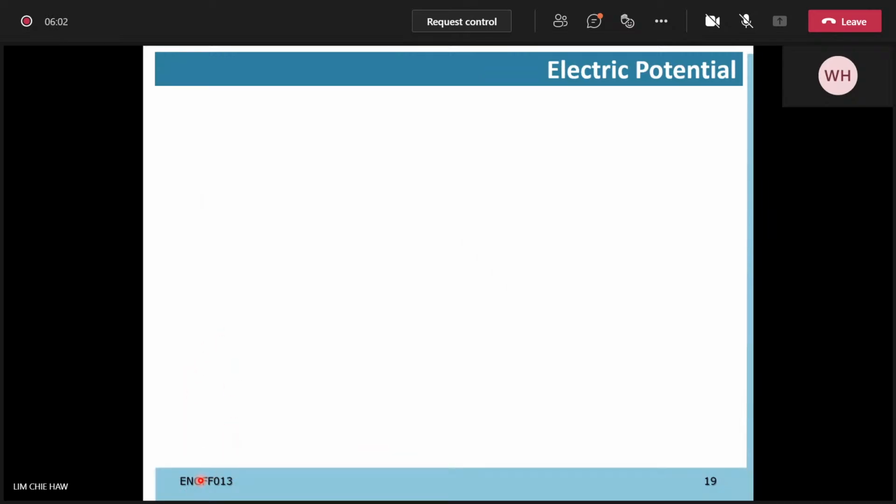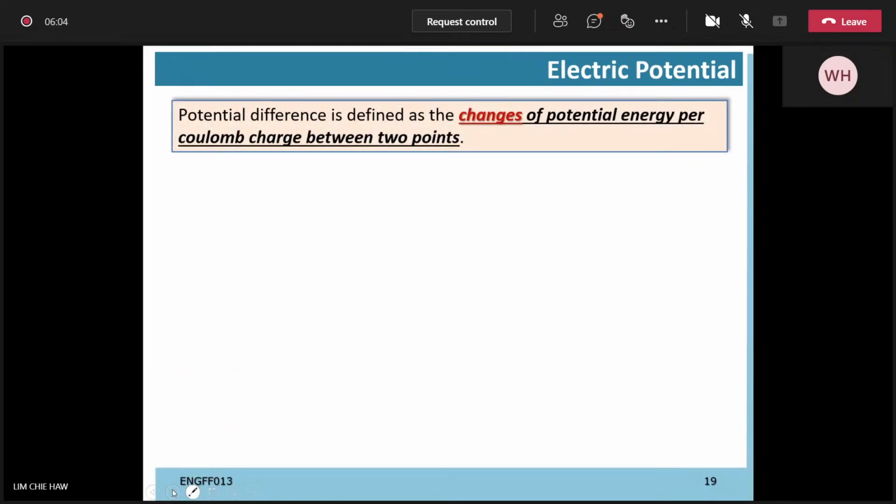Okay, this is where we stop. So when we come to potential energy in an electric field, this is basically similar to the potential energy in a gravitational field. It's the same.